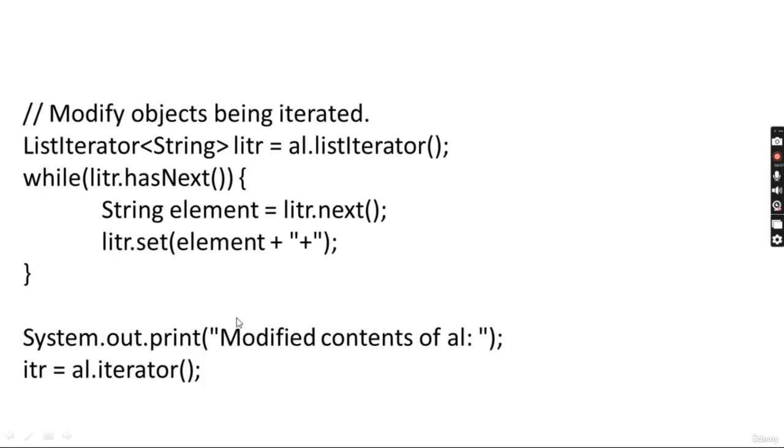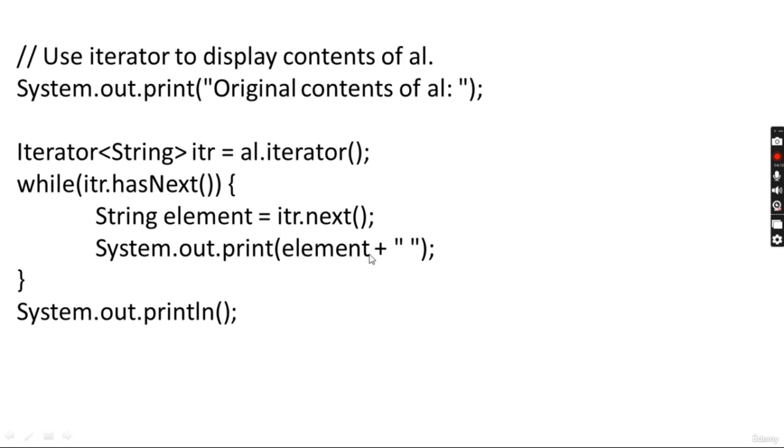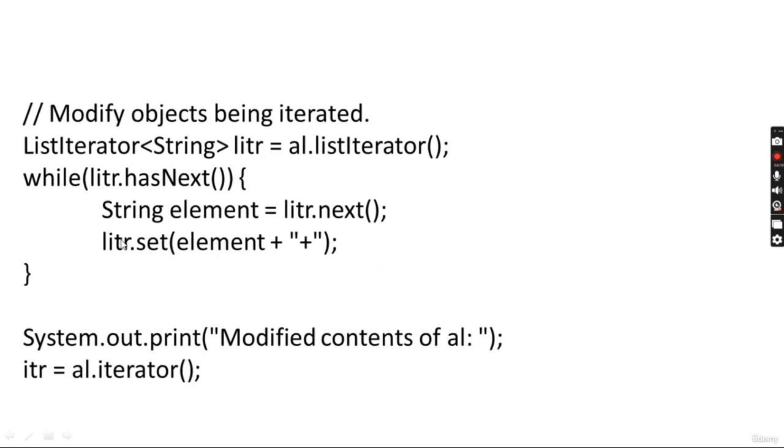A ListIterator object is also created. While listIterator.hasNext(), listIterator.set(element + "+"). So here you can modify the element. Here you are printing the element plus space, only printing, and listIterator.set sets that particular element plus.